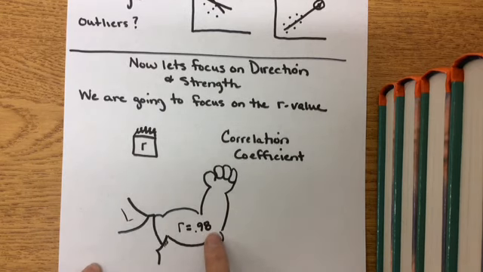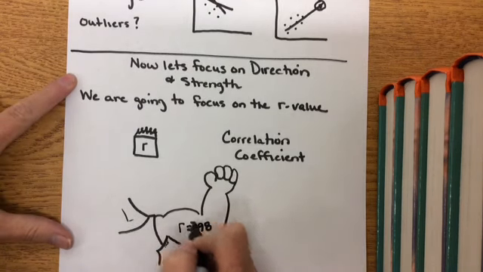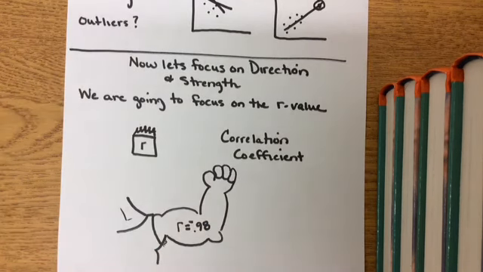So it's positive. But you know, maybe there are unhappy people at the gym too. And so if this were a negative 0.98, then that would represent, wow, I'm still strong because I'm 0.98, but now I'm strong in a negative way.